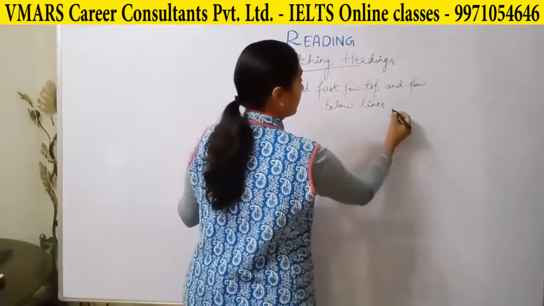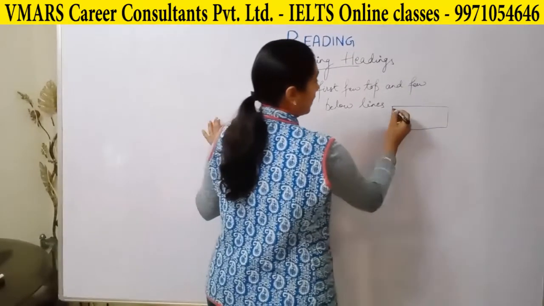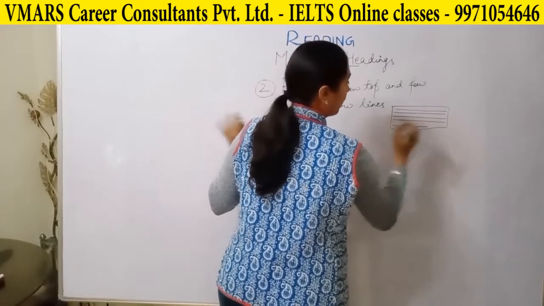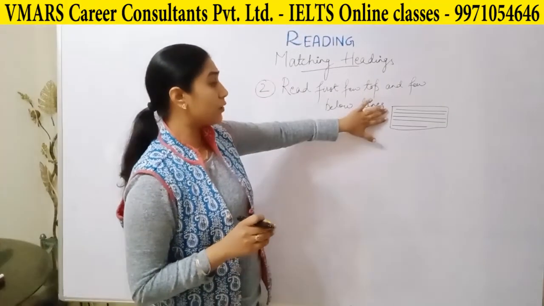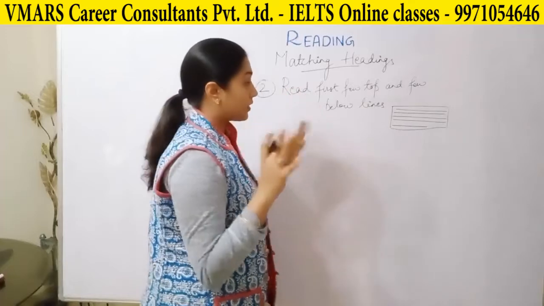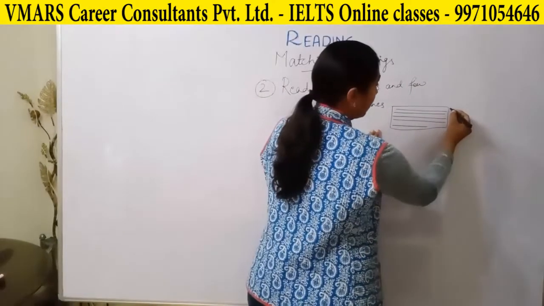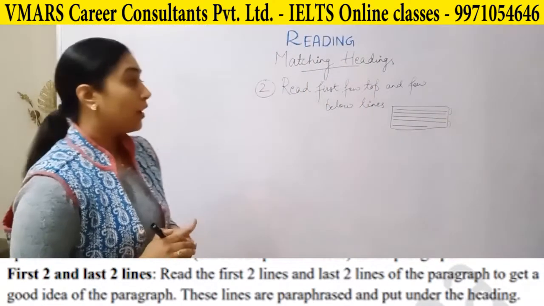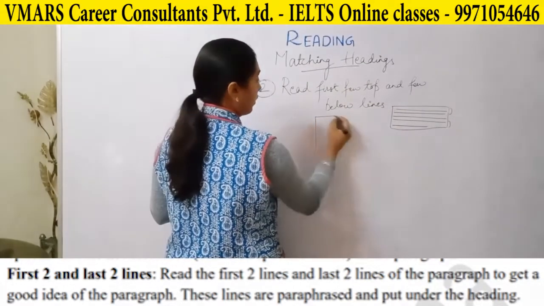Let's take an example that this is your paragraph, and it has 1, 2, 3, 4, 5 lines and it ends over here. Instead of reading the entire paragraph, because you're running short of time, you can read the first few lines and the last few lines.